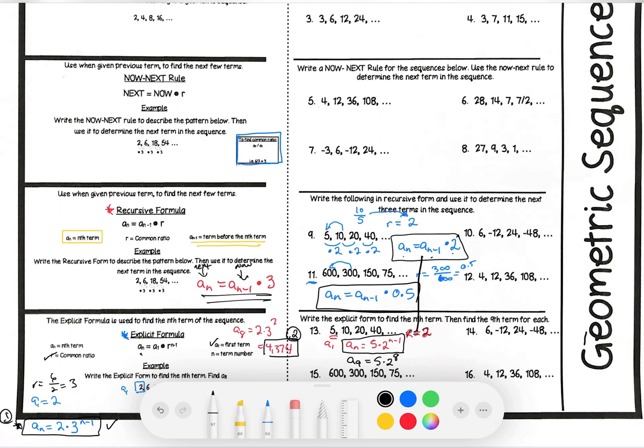So we're going to go into Desmos and plug this thing in like we know how. So we type in 5 times 2 raised to the 8. And the result is 1,280.